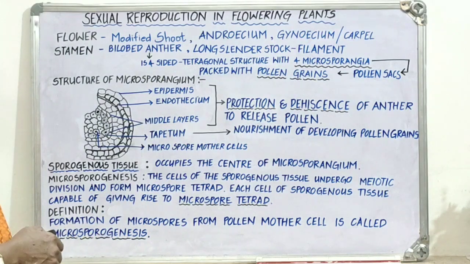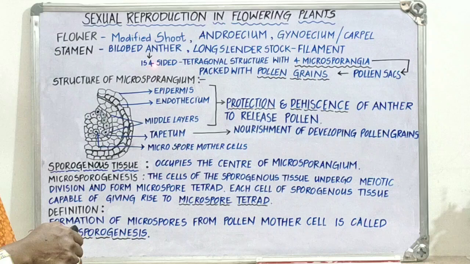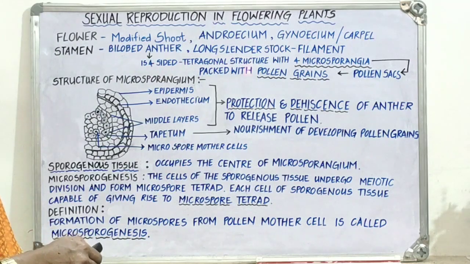So, according to our syllabus, first I would like to explain the bilobed anther. It is showing 4 sides. That means you will see 4 sides when you take a cross section. That is called a tetragonal structure with 4 microsporangia.